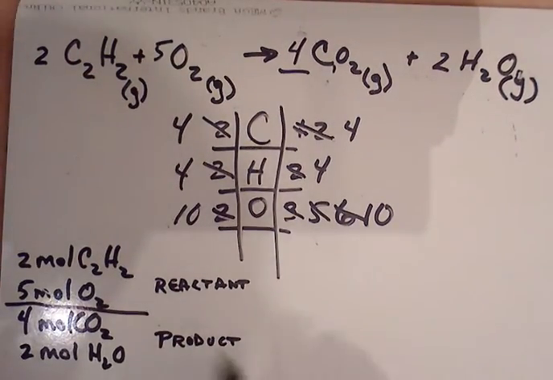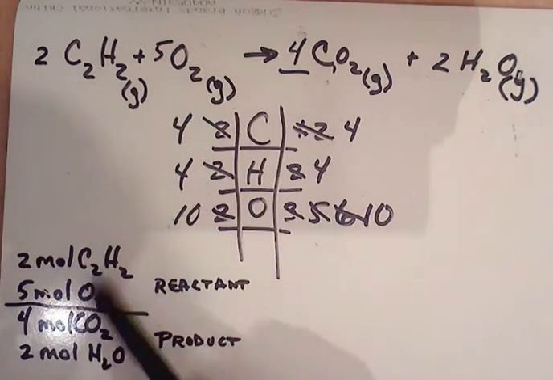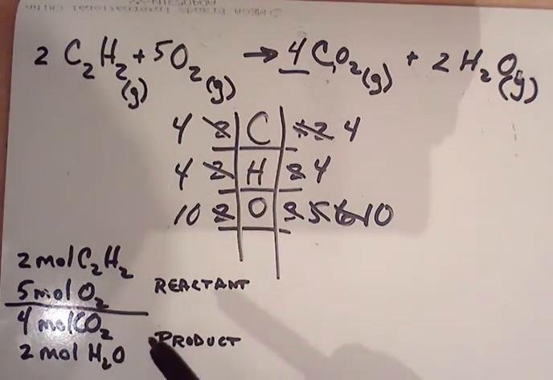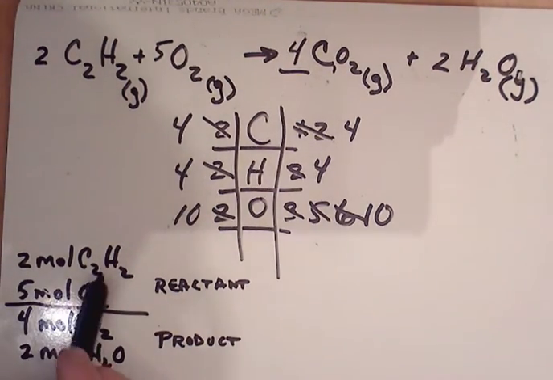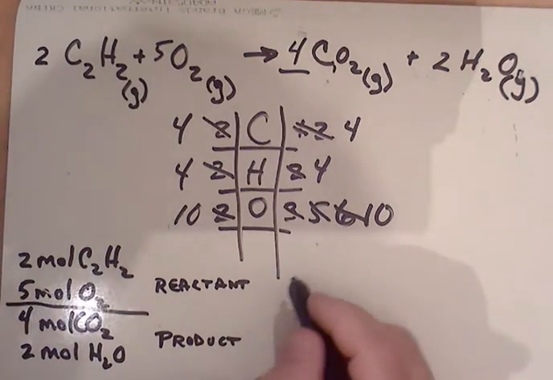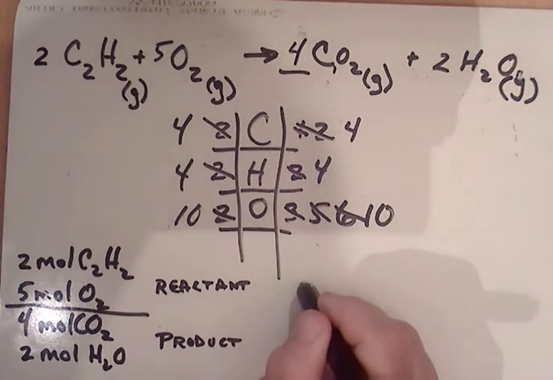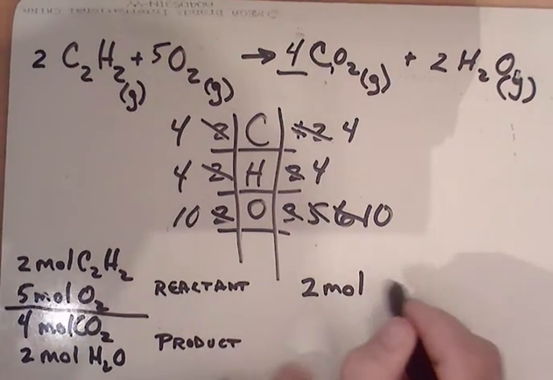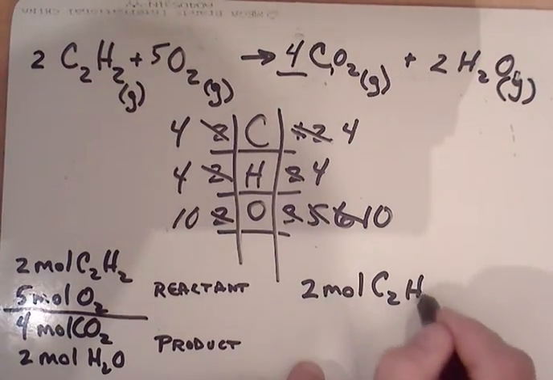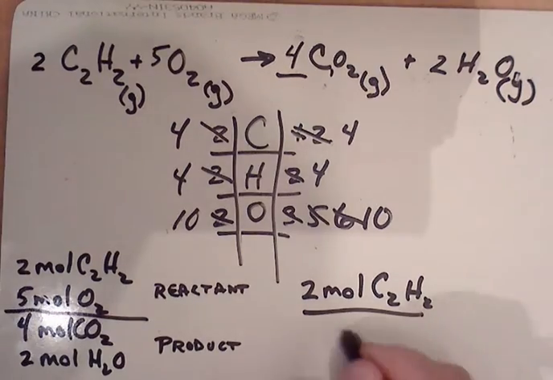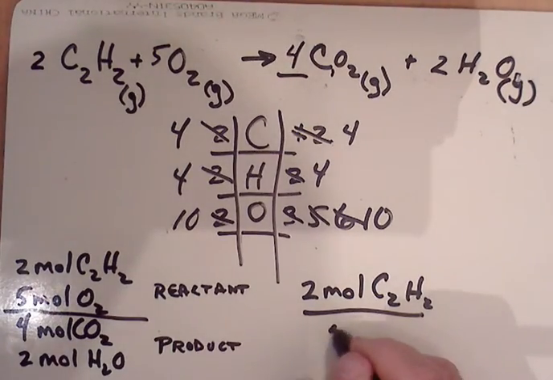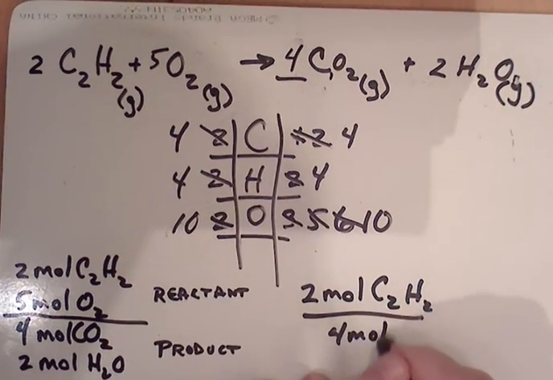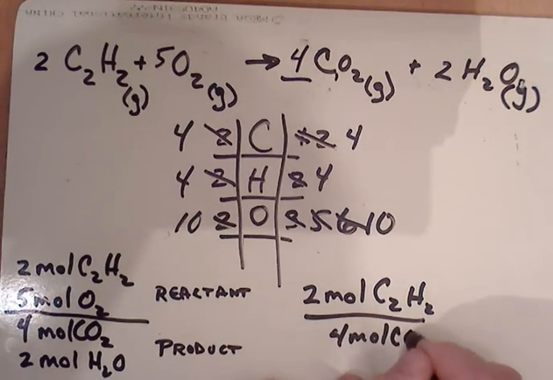Now remember, conversion factors, we can flip these around. So if we were going to say I have 2 moles of C2H2 for every 4 moles of CO2.